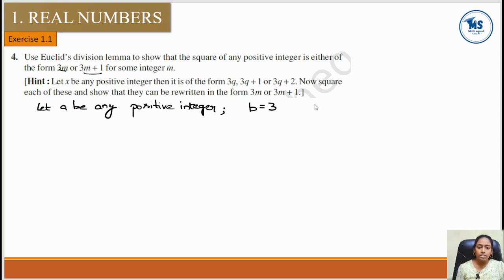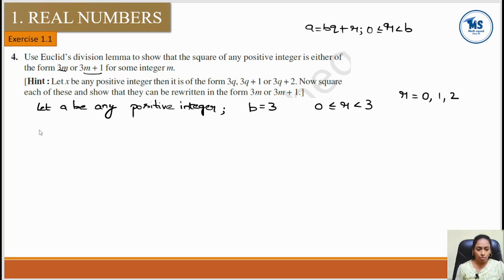Okay. Then by Euclid's lemma, a is equal to bq plus r and 0 less than or equal to r less than b. Here, since b is equal to 3, the condition would be 0 less than or equal to r less than 3. So what are all the possible values of r? r can be 0, 1 and 2.